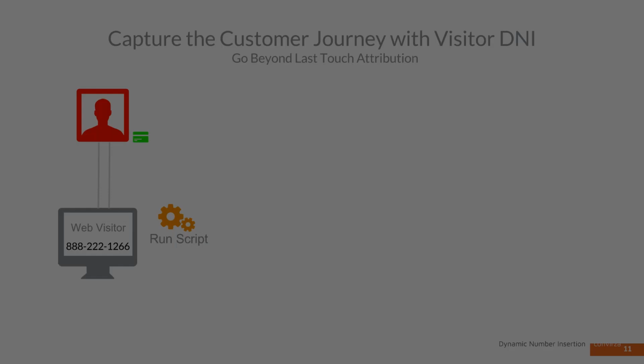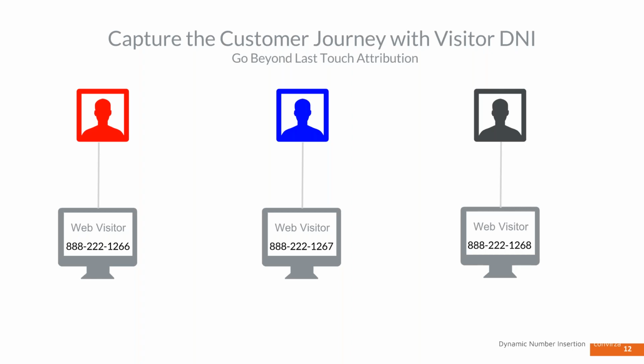And then as you get multiple visitors on simultaneously, each one gets its own unique phone number. So here I have an example of 3 visitors on the site simultaneously. Each one has been served up their own unique phone number, and now we can capture that.